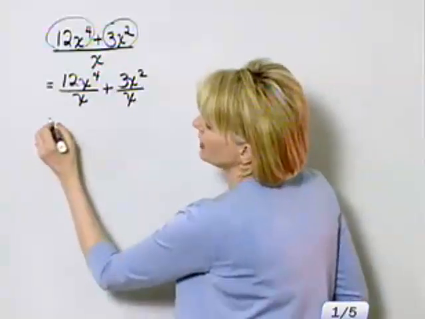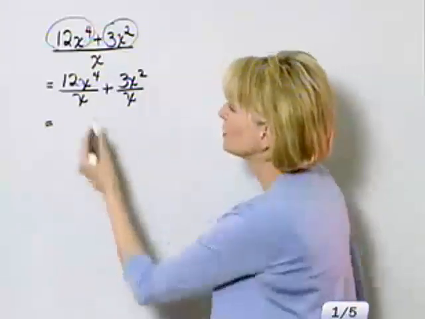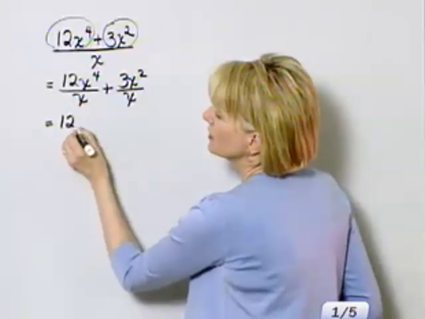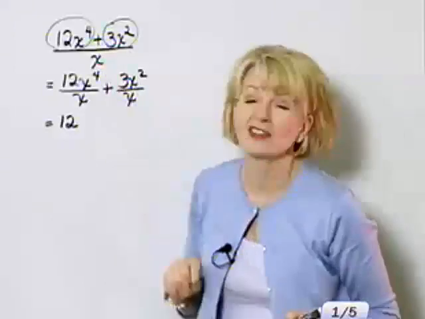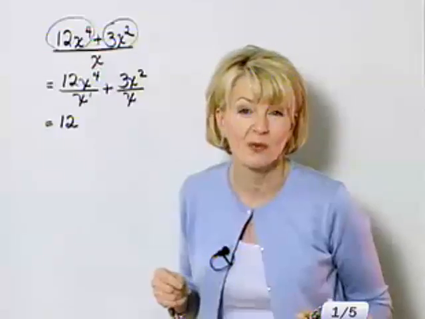And we simplify as usual using our rules for exponents. We have 12. And then what is x to the 4th divided by x, or x to an understood power of 1?